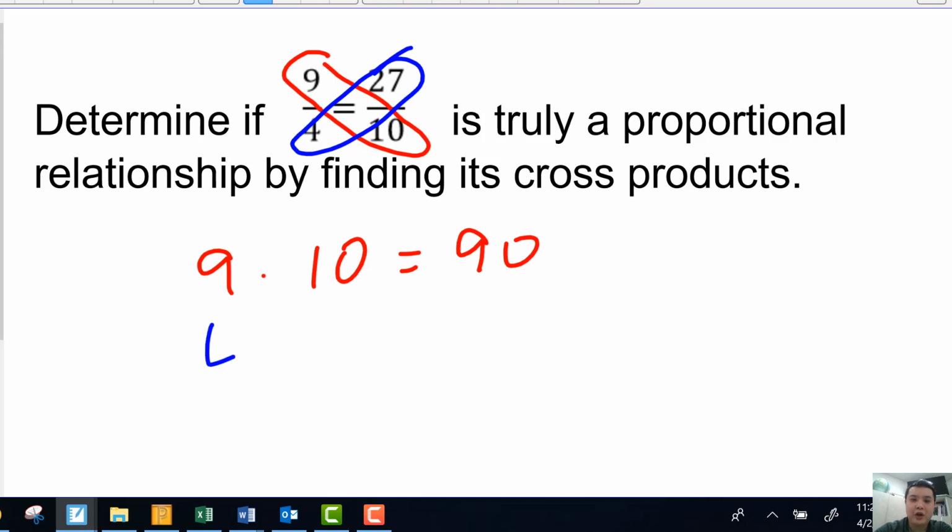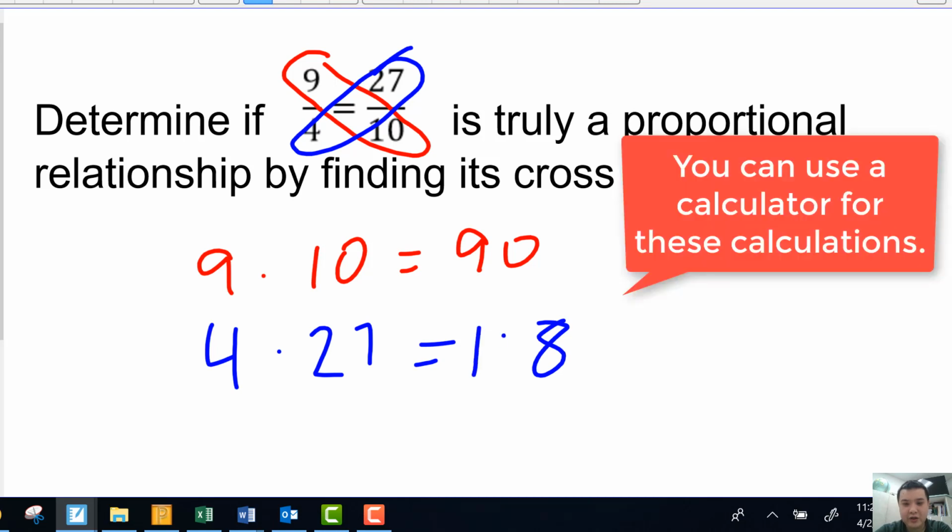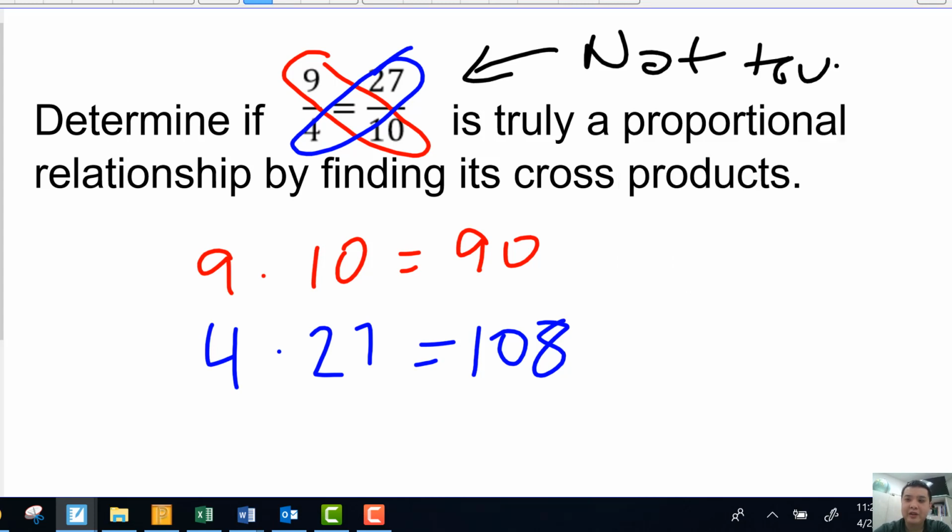We find that 4 times 27 is, I believe that's 4 times 8 is 28, carry the 2, 108. These are not the same, the cross products are not the same, so therefore this is not a true proportion. These two ratios are not the same thing.